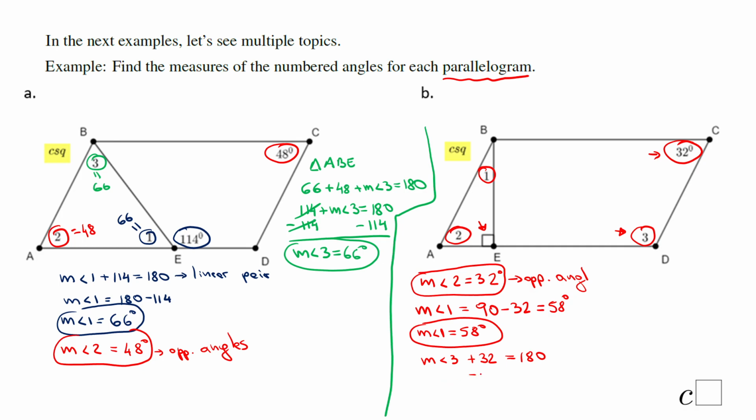So just subtract 32, and we have the measure of angle 3 equals 180 minus 32, that will be 148 degrees.